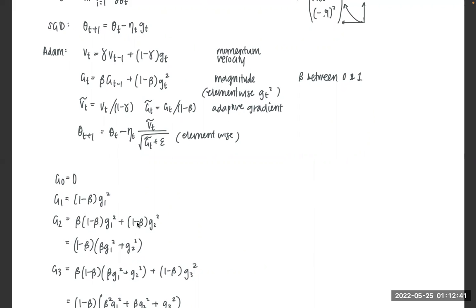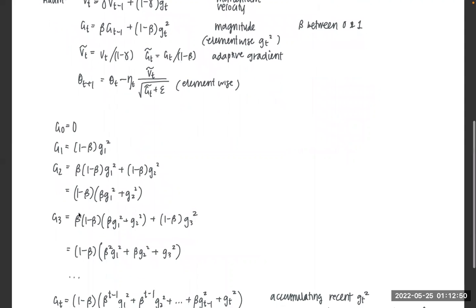And then you move 1 minus beta out, so it will be beta G_1 squared plus G_2 squared. And G_3 is beta times this, I just copied here, plus (1 minus beta) G_3 squared.